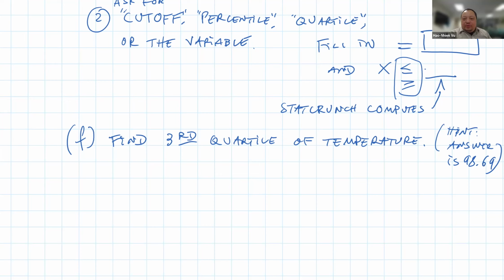I see an answer that is 97.7, and that's the wrong answer. That's the first quartile. You got the first quartile.